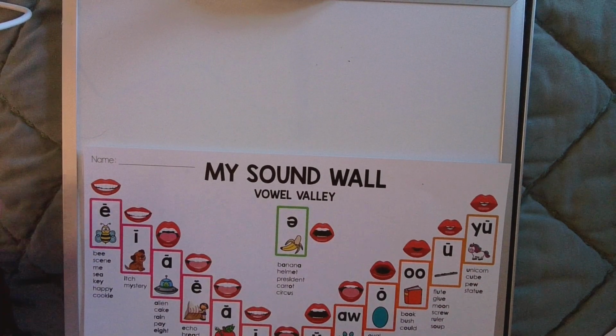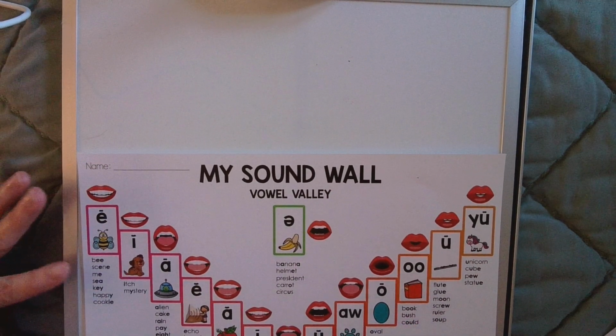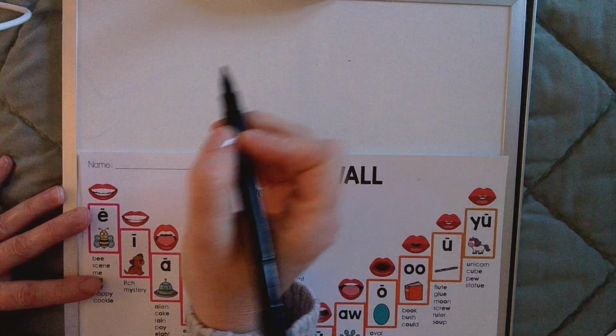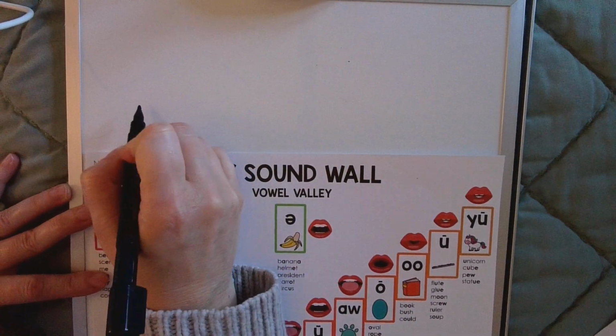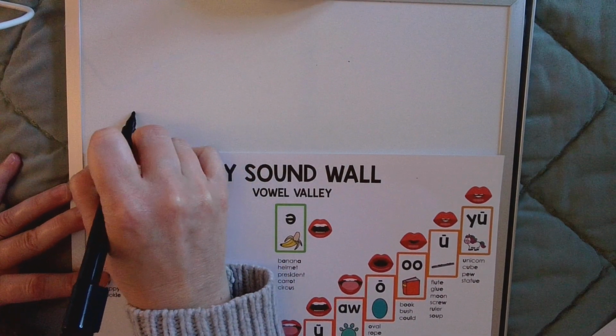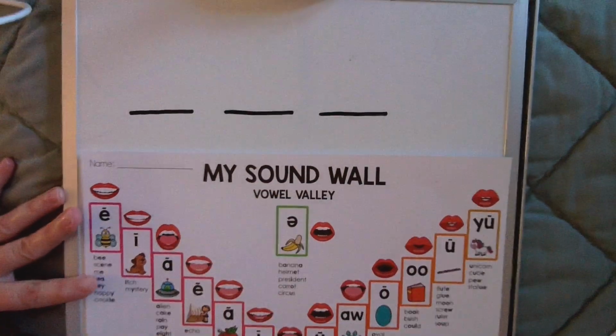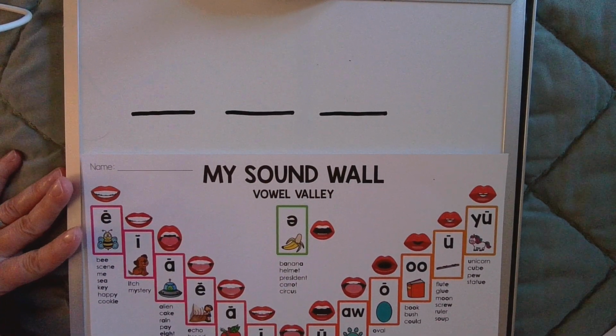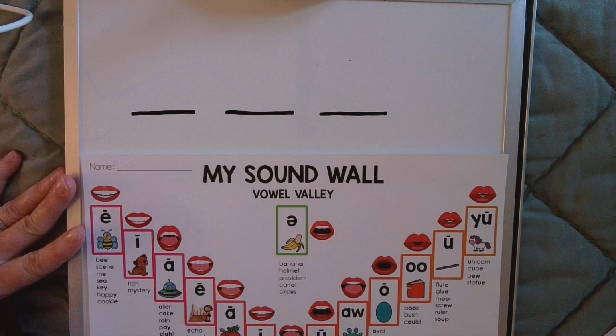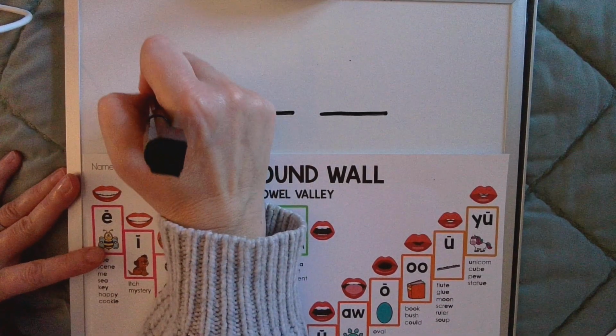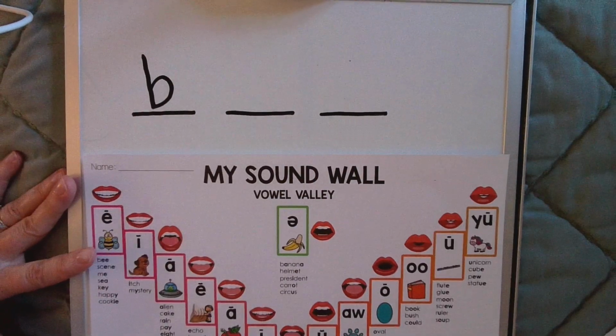Let's take, for example, the word bake. We would first ask the student to identify how many sounds they hear in that word. And they could probably fairly easily at this point tell us b, a, k. So that word has 3 sounds. They know that the first letter is b, okay?